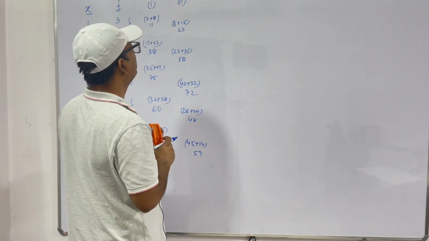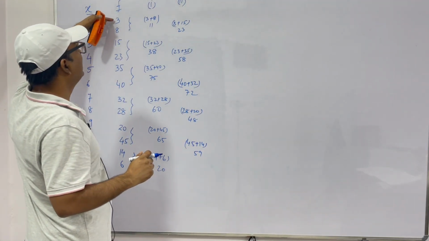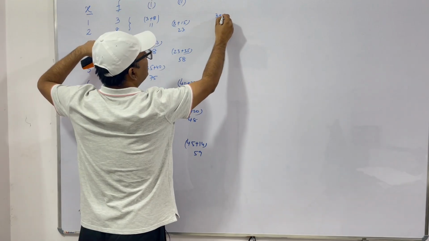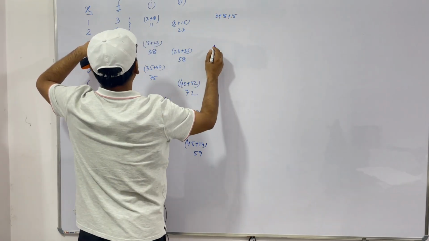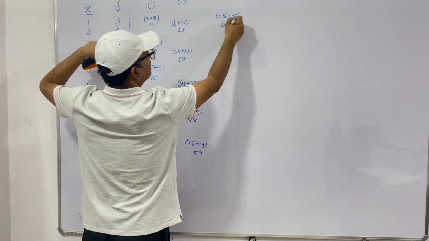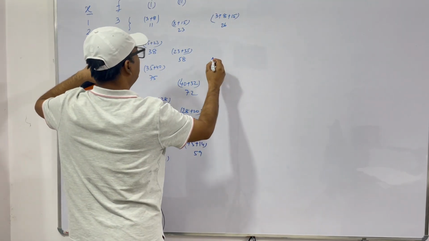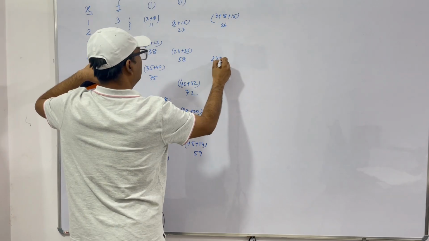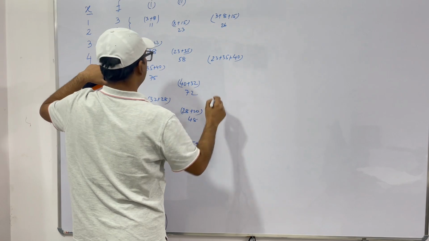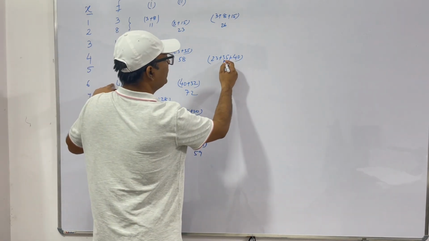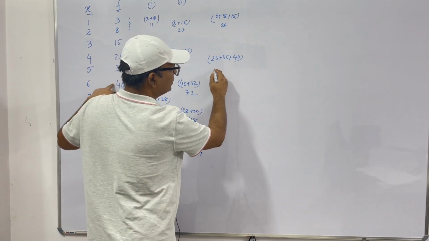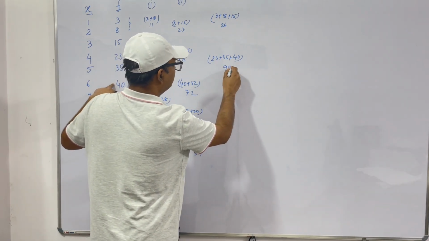Now 3 by 3. How will we do that? We add first 3, that is 3 plus 8 plus 15, that is 26. Then we add 23 plus 35 plus 40, so it is 98.